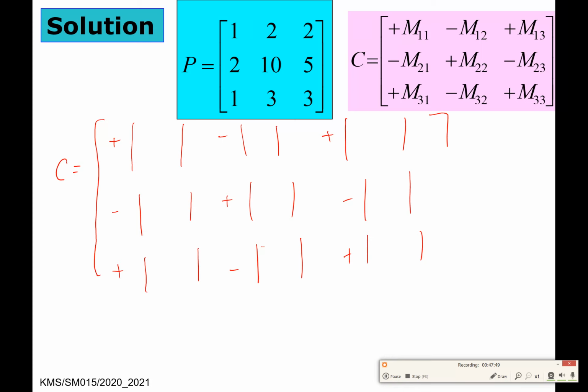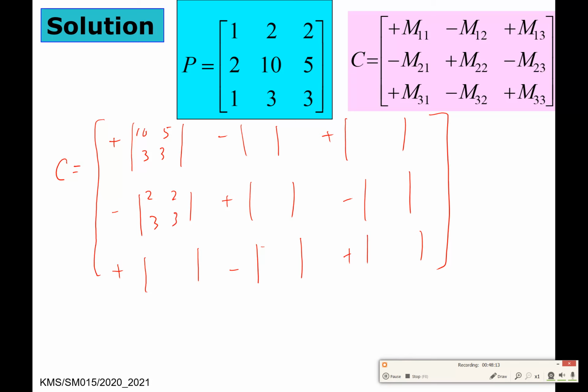Then we start to fill in the minors. So for the minor, this is 10, 5, 3, 3. This is 2, 2, 3, 3.